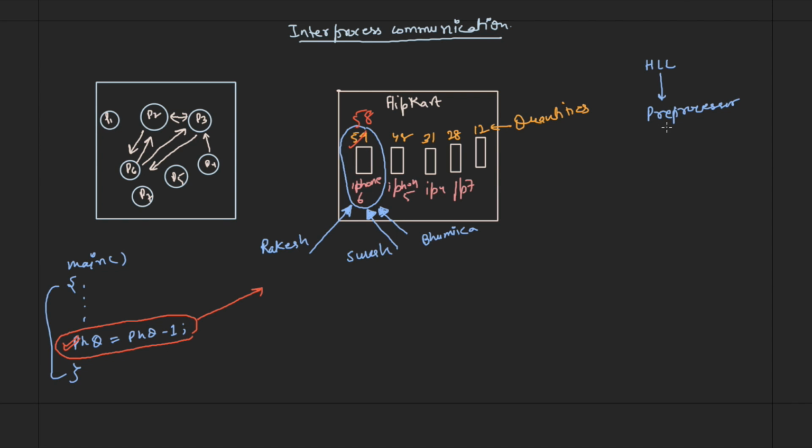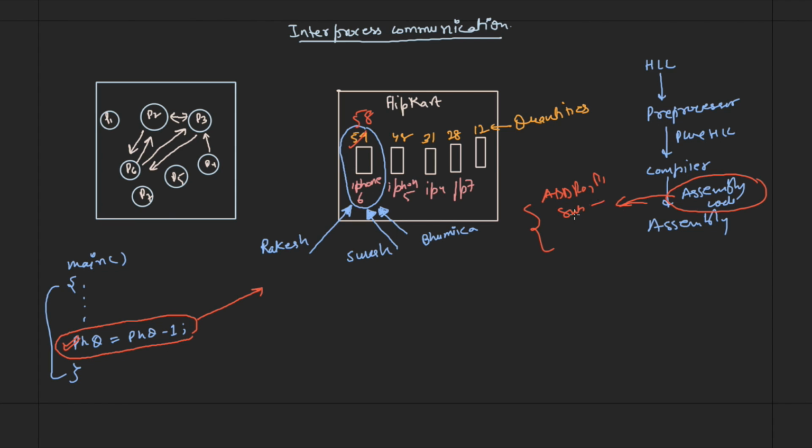The preprocessor gives a pure high level language program, which is given to a compiler, and the compiler gives you assembly code, which is given to an assembler. The compiler gives assembly code like add R0, R1, or subtract something. These are machine or assembly language instructions.